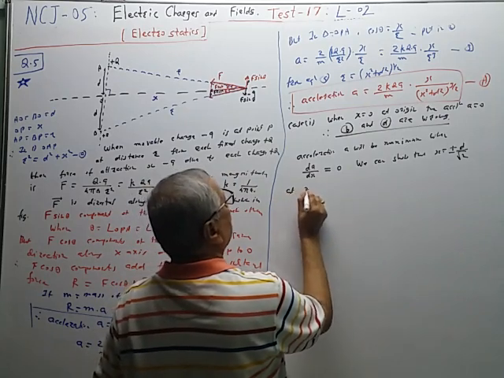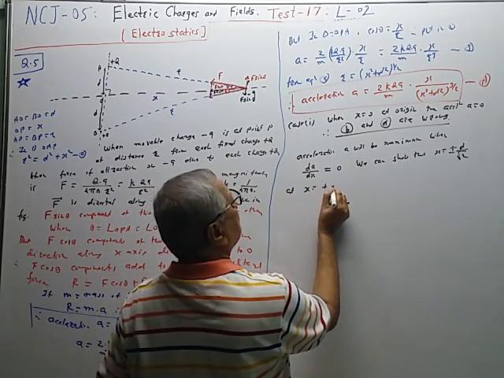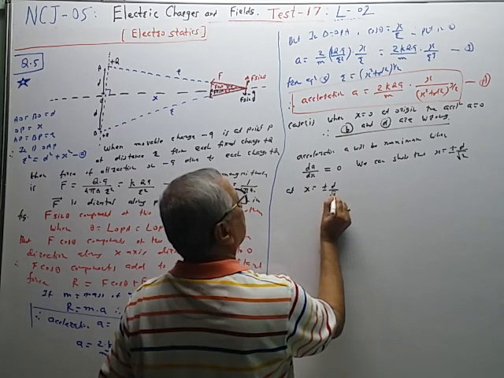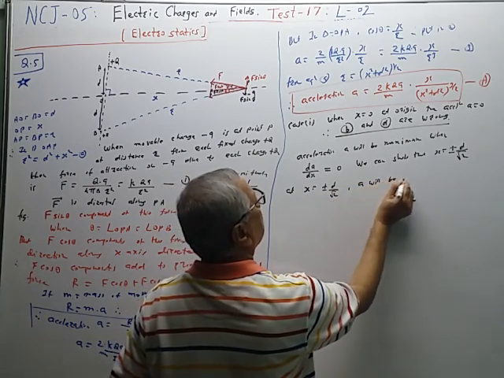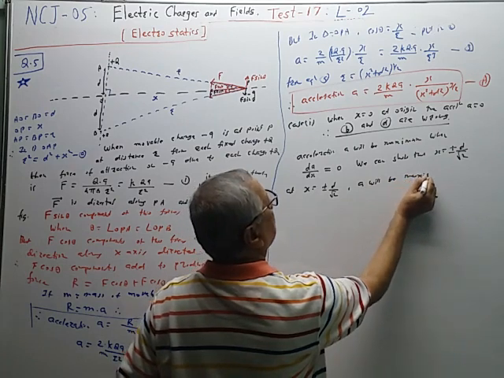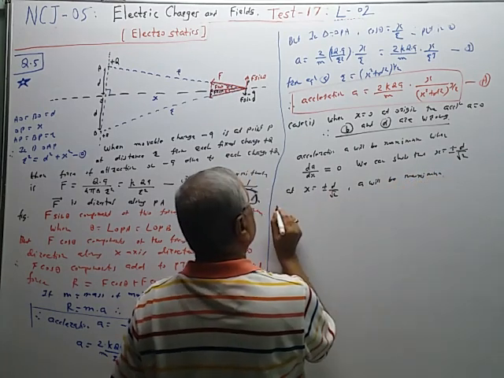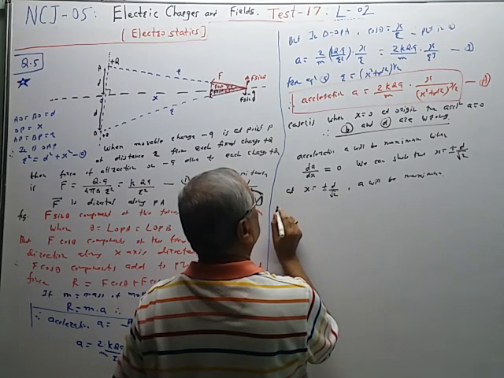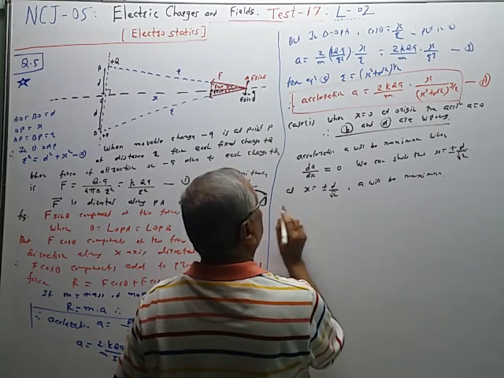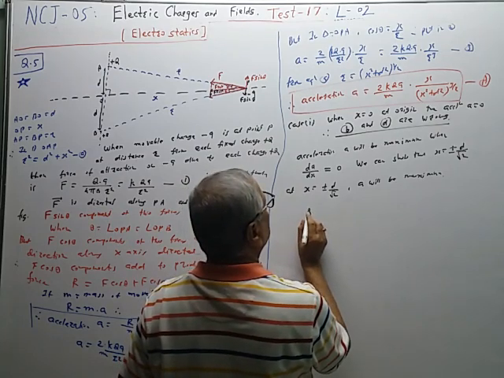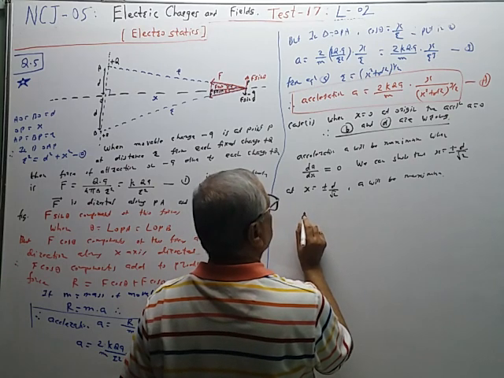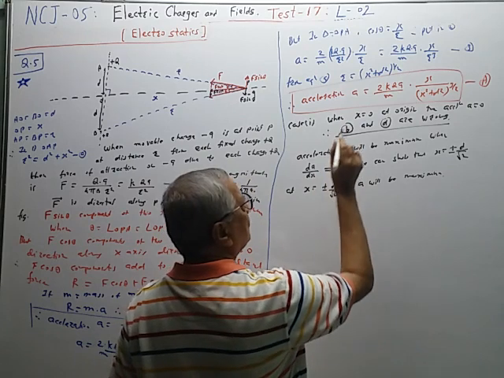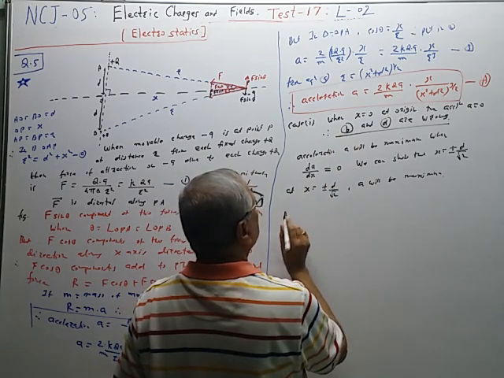So at x is equal to plus minus d upon root 2, A will be maximum. And for minimum value 0, again you have to use this same method.